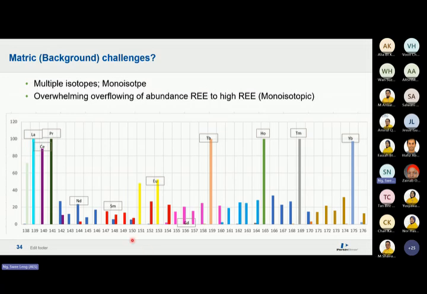Rare earth itself has a lot of isotopes. GD, you see the pink color is all GD. Then ND has a lot of isotopes. So if you have multiple isotopes, then you are going to get polyatomics. That means you have so many isotopes, you add oxygen, you become polyatomic, and you become a problem for your heavy rare earth.